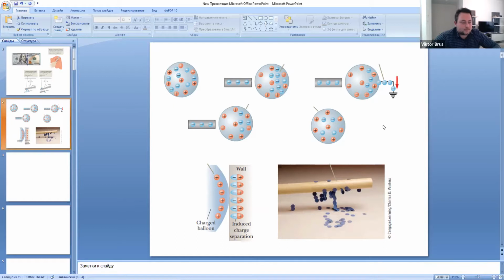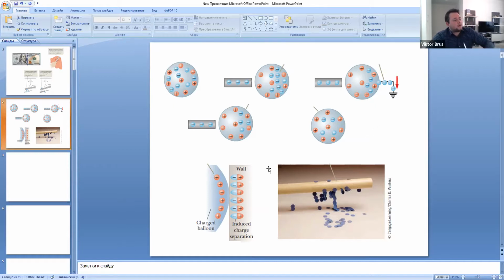In the case of an insulator, charges cannot move. They are quite strongly bound and can only be slightly rearranged with respect to their equilibrium position.